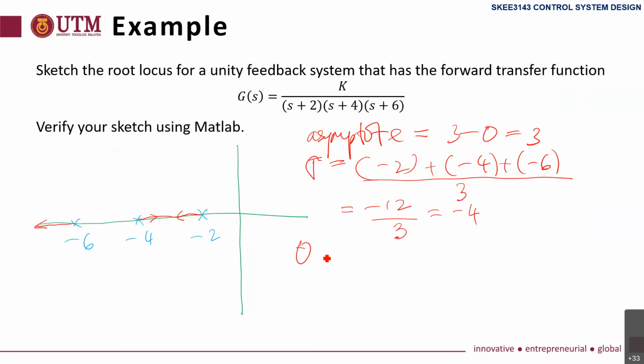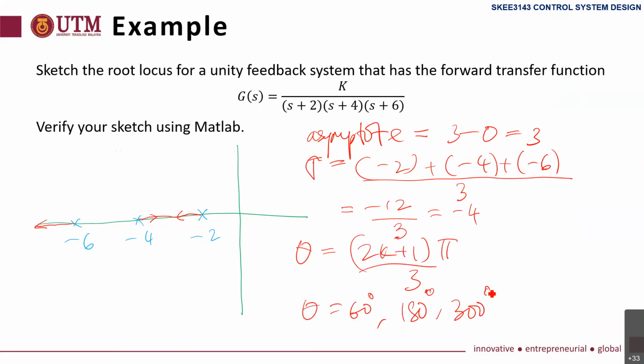Theta equals (2k plus 1) pi over 3. Again, you will see theta is 60 degrees, 180 degrees, 300 degrees. If you do many times, you can see that if the number of asymptotes is 3, then you get 60. If it is 2, it means 90 degrees.